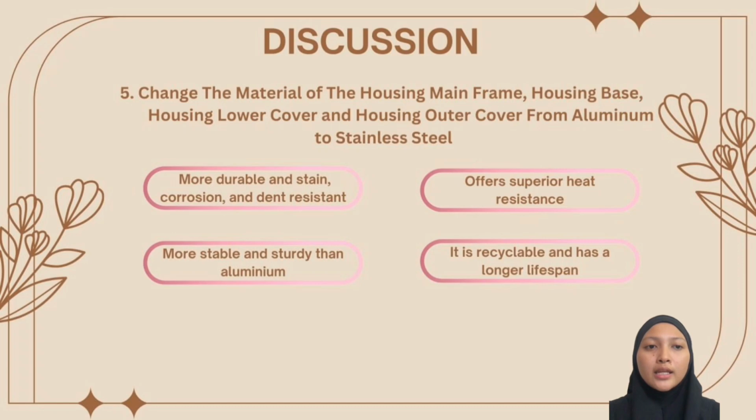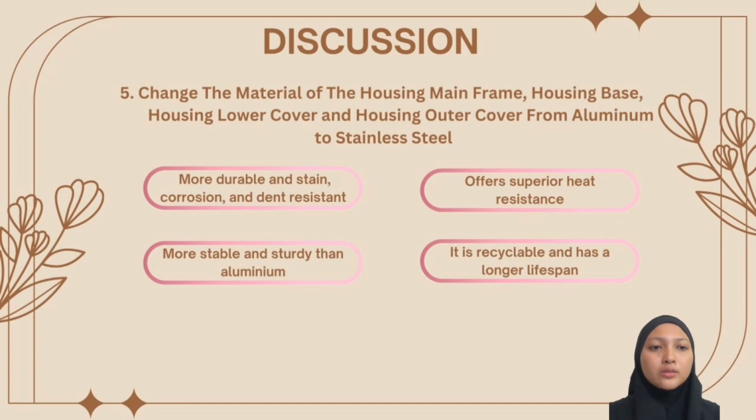It ensures that the housing components remain intact and maintain their structural integrity over time, reducing the likelihood of damage and extending the lifespan of the blender. Next, it is more stable and sturdy than aluminium. It helps prevent wobbling, vibration or deformation of the housing components during operation, ensuring smooth and consistent performance.